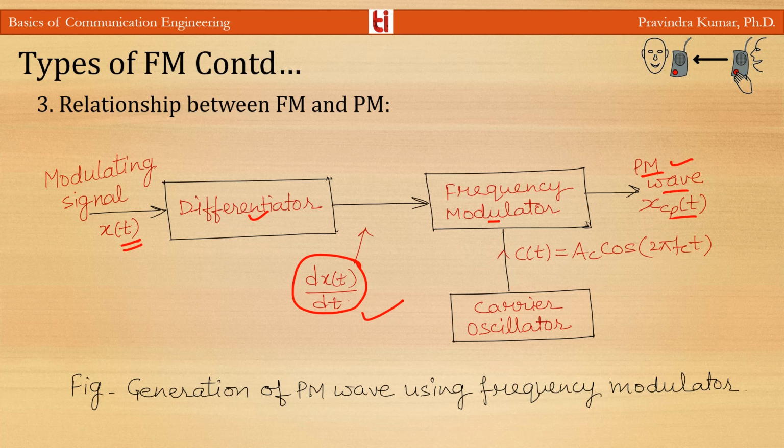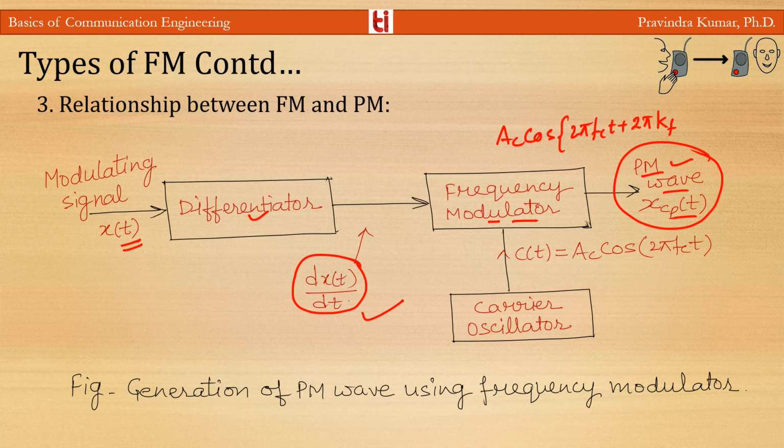So at this point the output will be A_c cos 2πf_ct plus 2πk_f, because you are using a frequency modulator, and the modulating signal is integrated. In the equation of FM you can see there is integration of the modulating signal.